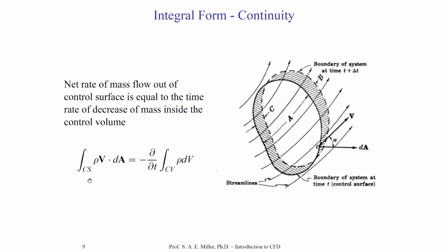Mind you, CS is control surface, CV is control volume here. This can be illustrated in this figure. We have one arbitrarily drawn control volume with surfaces labeled with A. There's a particular velocity vector V, a surface element vector dA, and streamlines going through the fluid.